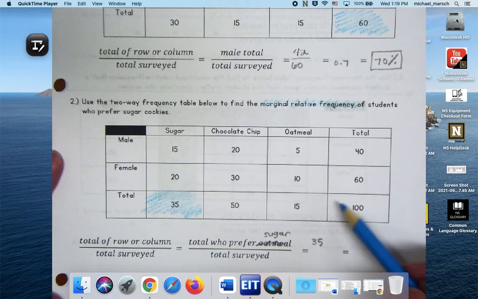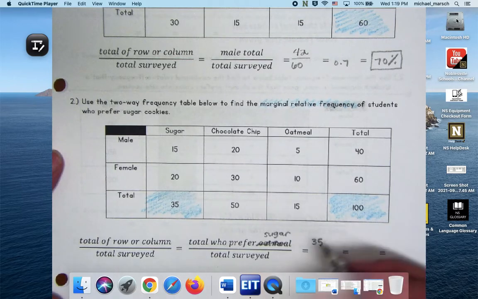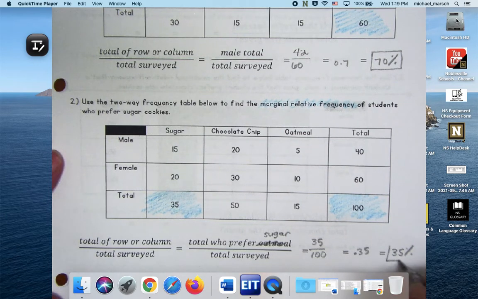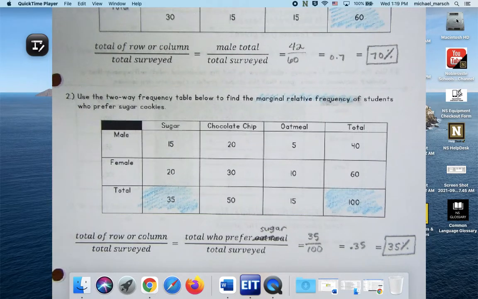And how many were surveyed? 100. So that's 0.35, which is 35%. Sometimes the percentages won't work out super accurate like that. Just round it to the nearest whole percent.